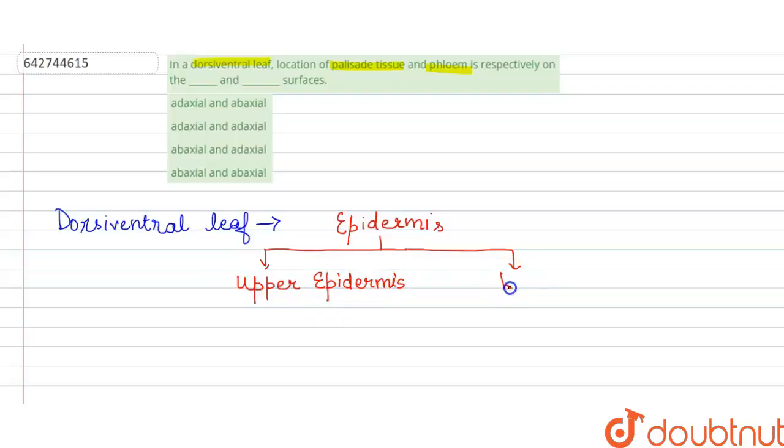And when we talk about a dorsiventral leaf, we have the epidermis, and when we talk about the palisade and the phloem tissues, we have the upper and lower epidermis. We have one upper epidermis, and second we have one lower epidermis.